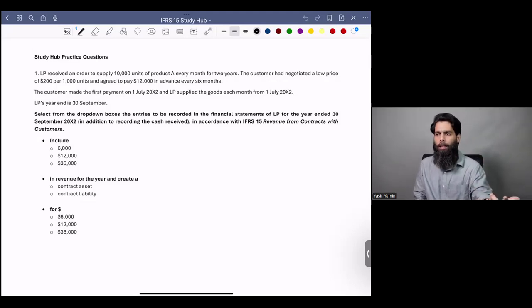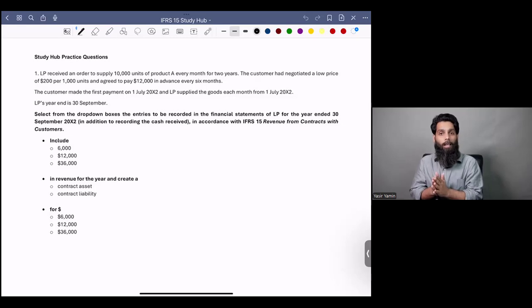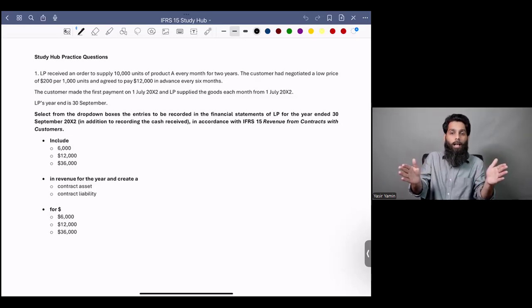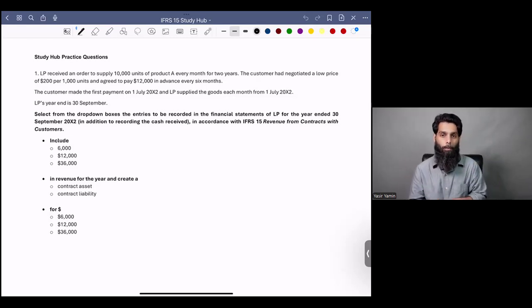And logically speaking, the revenue should also represent the pattern in which the performance obligation is being satisfied. If the performance obligation is satisfied at a point in time, then revenue is also recognized at a point in time. If it is satisfied over a period of time, then the revenue should also be recognized over a period of time. That is what happens in step number 2.